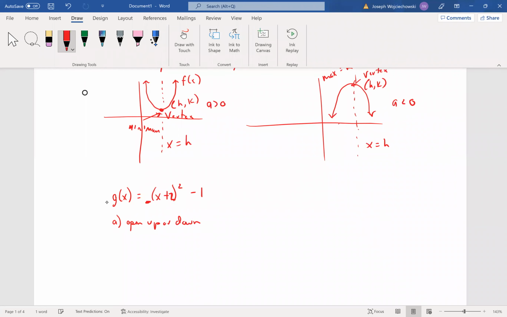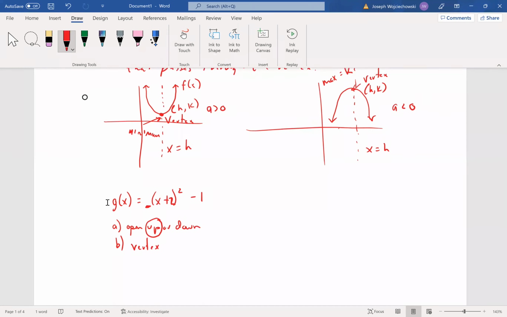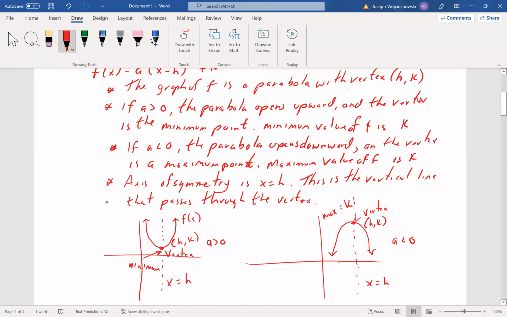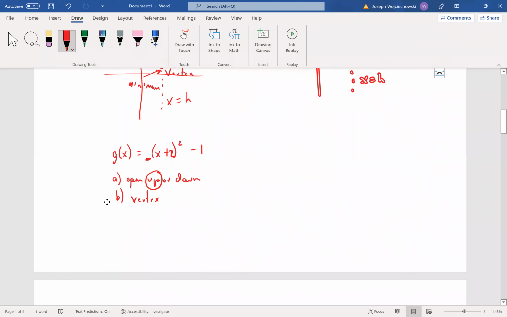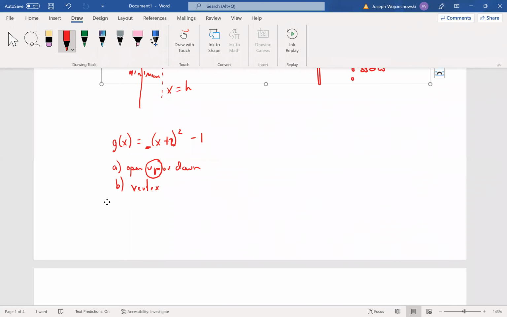Well, a here is positive 1, so opens up. Second thing to look at, what's the vertex? If we go back up here, it's x minus h. So I have x plus 2, so my vertex is negative 2, and it's plus k, so negative 2, negative 1.